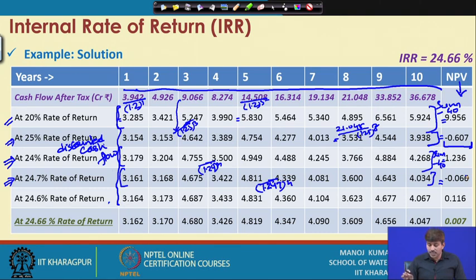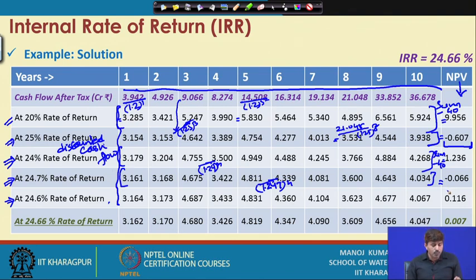However, if one wants to go more fine, then he can give another shot. Let us try at 24.6%. Now this is negative, so that means this rate of return is higher, and the actual rate of return is going to be slightly less than this.